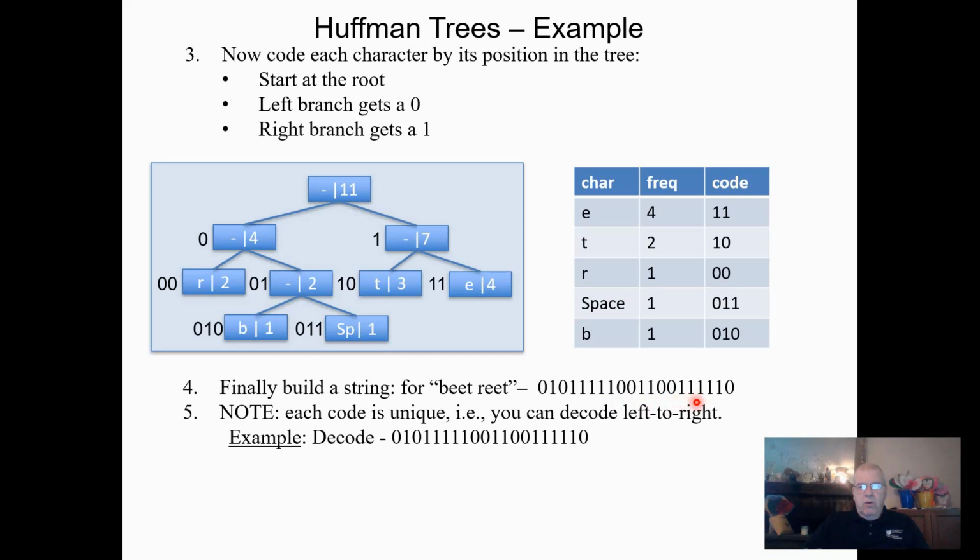And then an E is 1, 1. Another E is 1, 1. And the final one, T, is 1, 0. So you decode left to right. So here's the example. 0, 1, 0 is B. Just like I walked through.